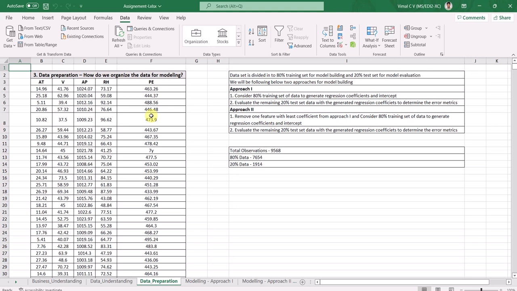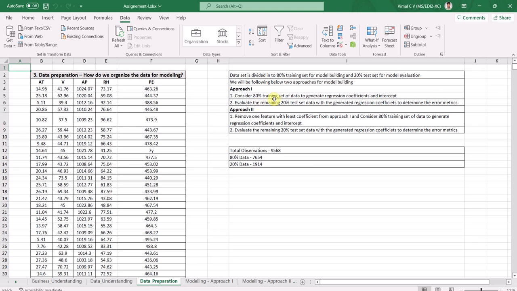In the next approach, we'll remove the one feature which has the least coefficient, take the remaining three features, and use the same algorithm to build the model. The dataset should be divided into 80% for the training set and the remaining 20% for the test set for model evaluation. These are the two approaches.